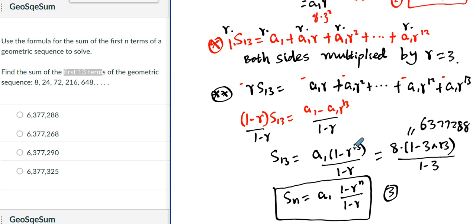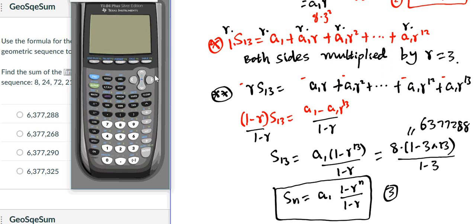So in our case, A1 again was 8. The first term 8 times 1 subtract r to the 13th. On your calculator, r is 3, arrow up and then 13. The whole value divided by 1 minus 3. Here on your calculator, you can find out.